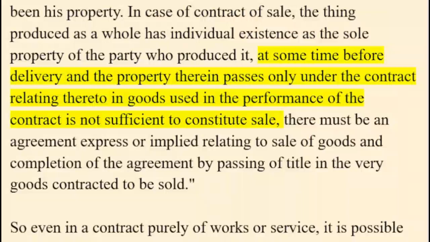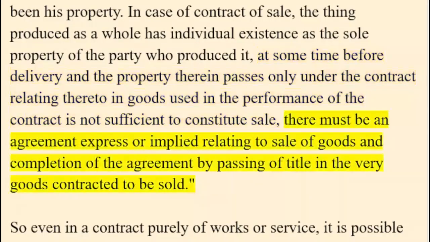At some time before delivery, the property therein passes only under the contract relating thereto. Use of goods in the performance of the contract is not sufficient to constitute a sale. There must be an agreement, express or implied, relating to sale of goods and completion of the agreement by passing of title in the very goods contracted to be sold.